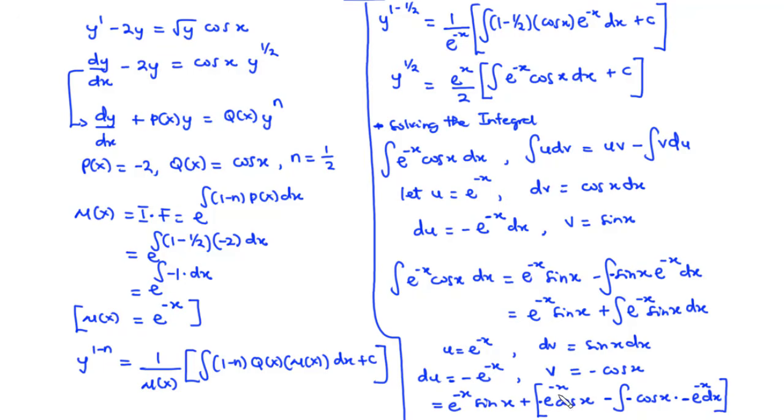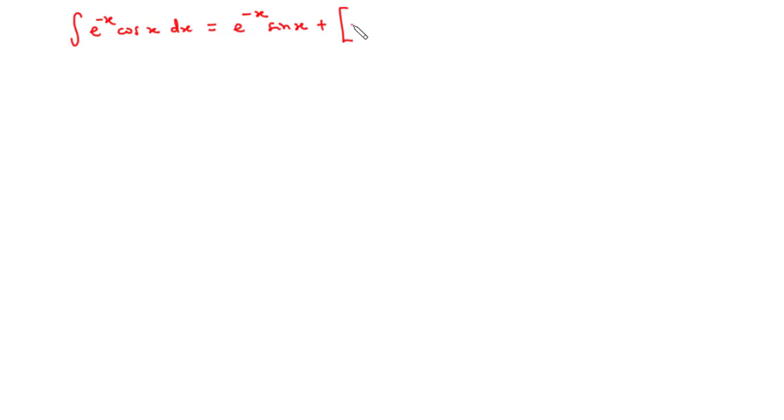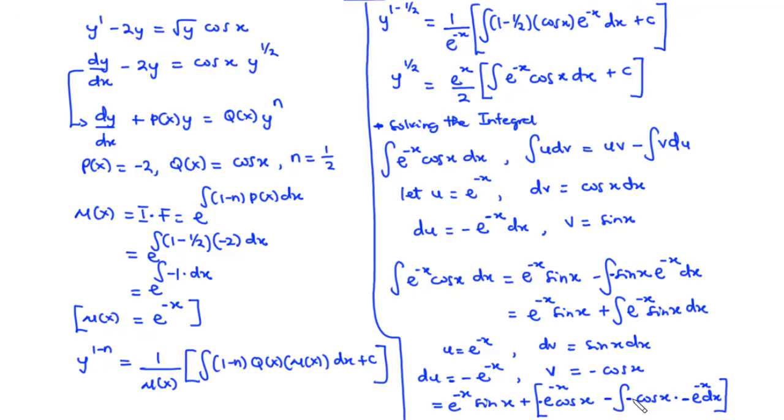So we are going to have the integral of e to the power negative x cos x dx equal to e to the power negative x sine x plus, bracket open, negative e to the power negative x cos x, and then here we have negative, so it becomes positive, and then we have negative here, so it becomes negative, the integral of cos x e to the power negative x dx.